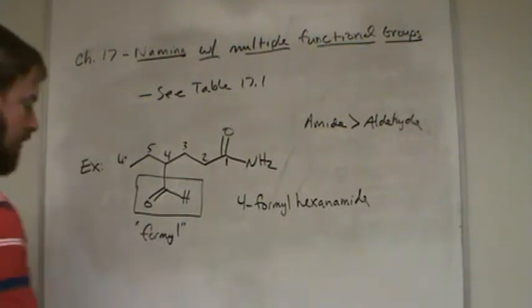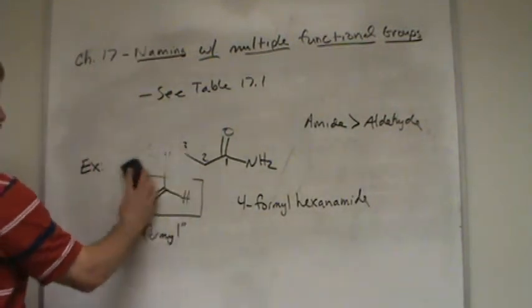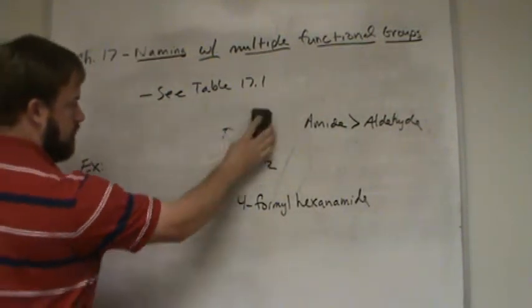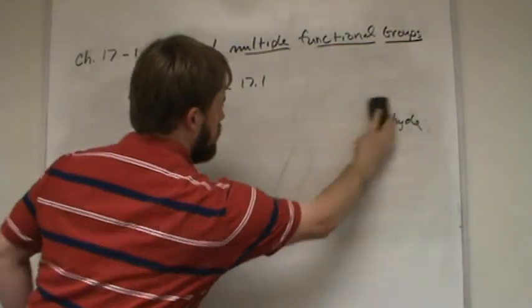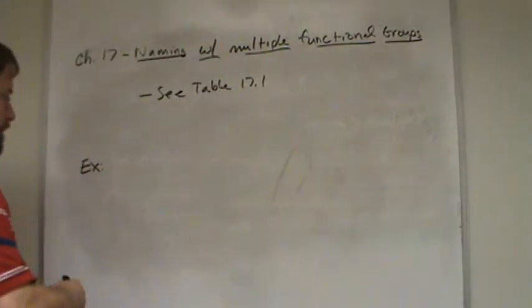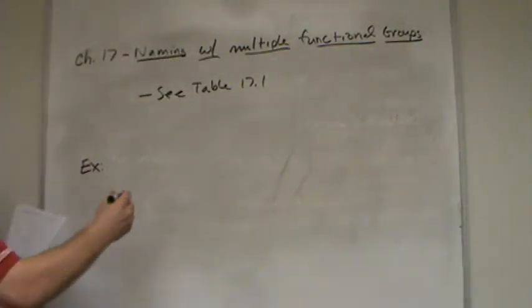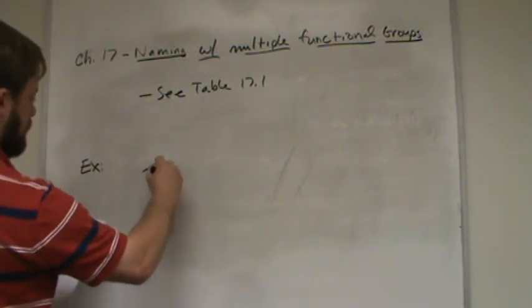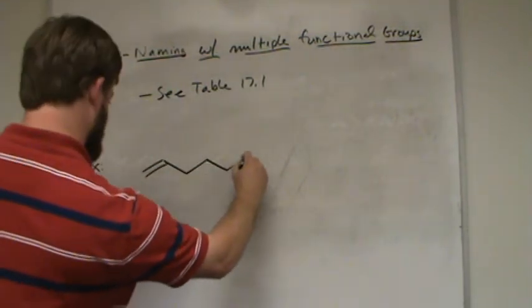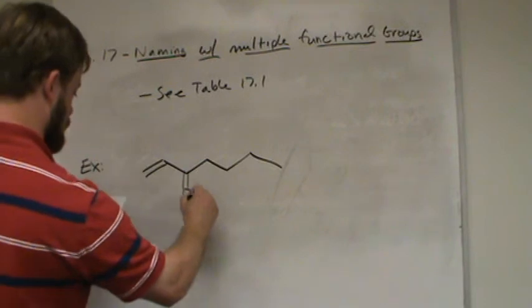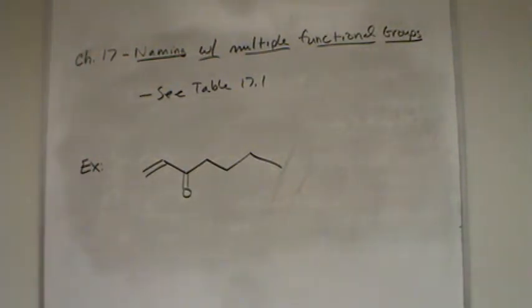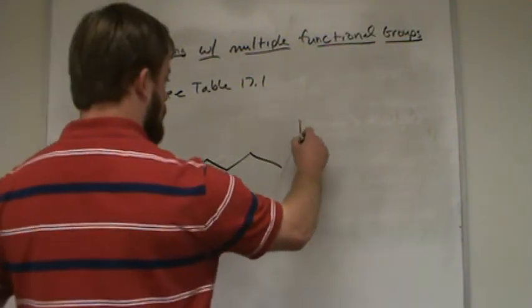Let's do one with an alkene now. An alkene and a ketone. Ketone's going to get higher priority over an alkene. So ketone greater than alkene.